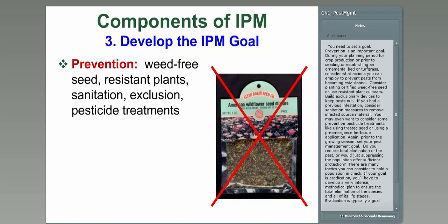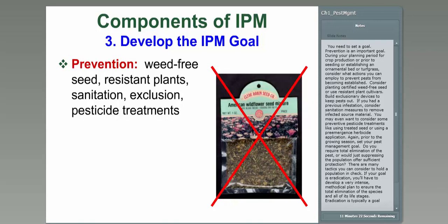Build exclusionary devices to keep pests out. If you had a previous infestation, consider sanitation measures to remove infected source material. You may even want to consider some preventive pesticide treatments like using treated seed or using a pre-emergence herbicide application.